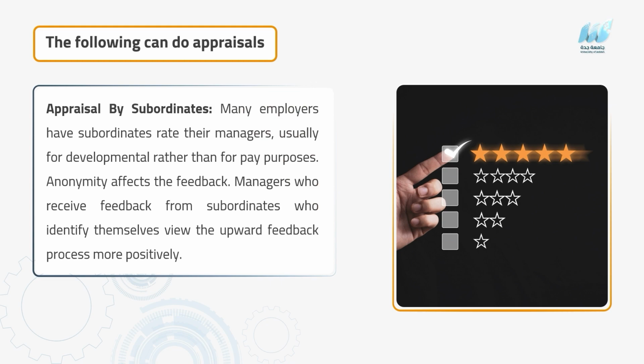Many employers have subordinates rate their managers, usually for developmental rather than for pay purposes. Anonymity affects the feedback. Managers who receive feedback from subordinates who identify themselves view the upward feedback process more positively. However, subordinates who identify themselves tend to give inflated ratings. The evidence suggests that upward feedback improves managers' performance.